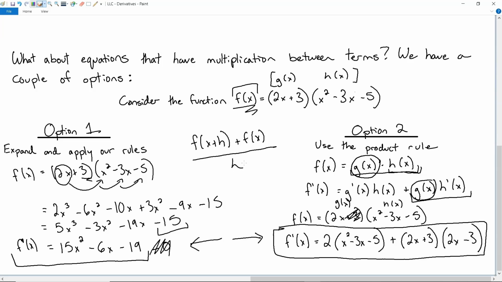If you are a student that really likes understanding where equations come from, or that really likes to figure out how we find these rules with proofs, feel free to look up the proof for the product rule. I am thinking about doing another video that goes over some derivative proofs just to give you that extra bit of info if you're looking for it. So I'm still thinking about that.